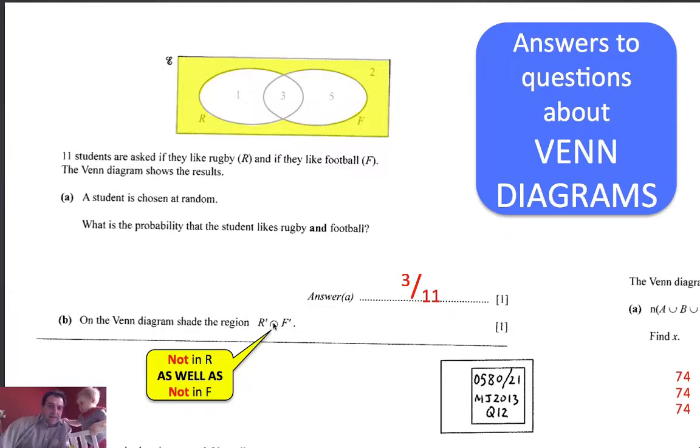And intersect means it's got to be in both of those things. So it's got to be not in R as well as not in F. So it's everything that I've shaded yellow there that's completely outside both of them. So they've got to be outside R and also outside F.